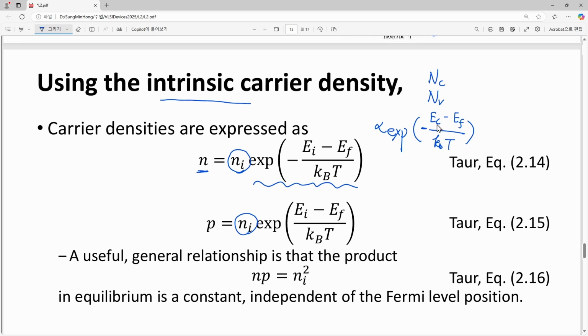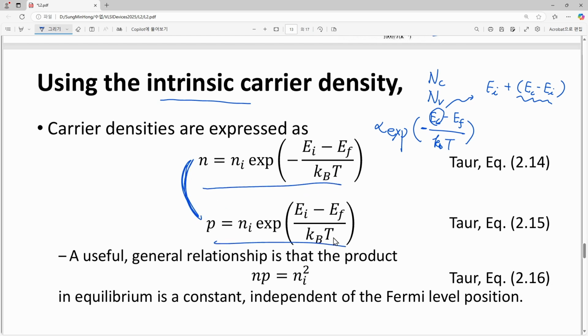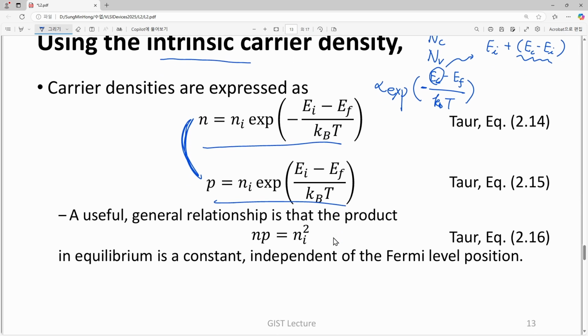However, this EC can be easily converted into EI plus EC minus EI. This is just a given number, so instead of EC, we can write it in terms of the intrinsic level. So we have a more frequently used form like this. Please remember these two forms. We will use this form in our later study.